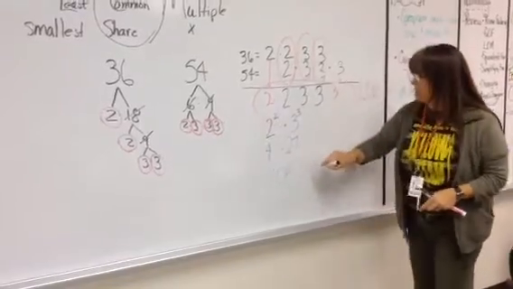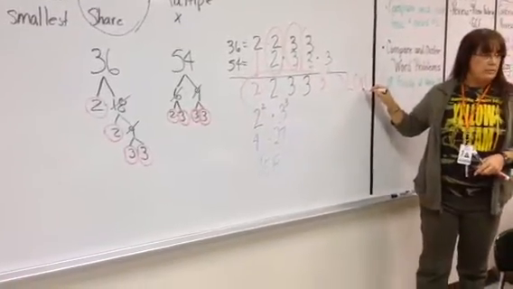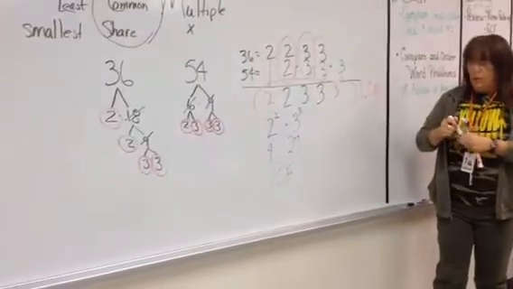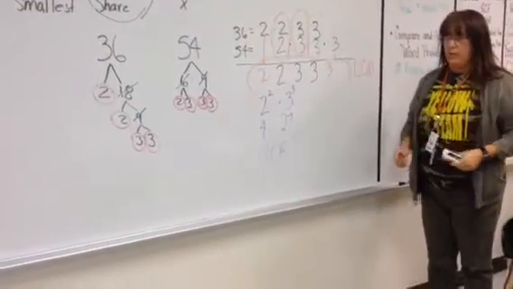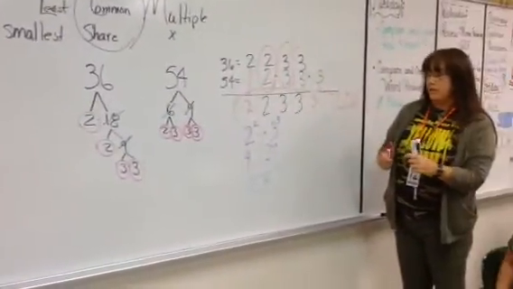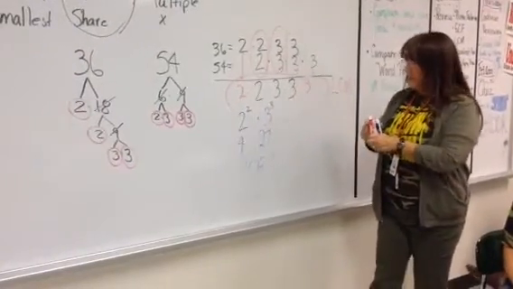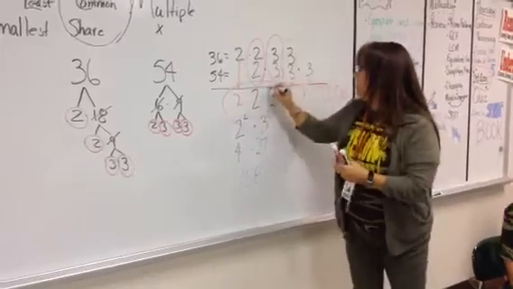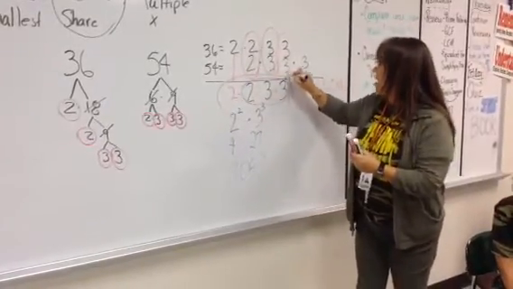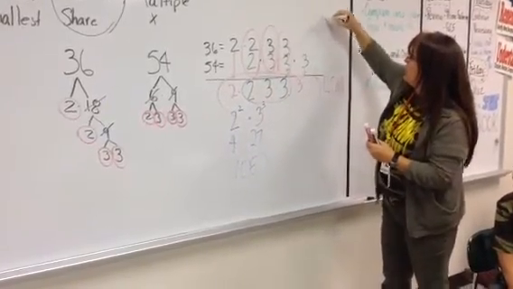Our LCM is 108. Now, there's a really cool thing in here that can help you do GCF as well. If you take only the ones they shared, these guys right here, if you take only these, the ones they actually shared, that is your GCF.